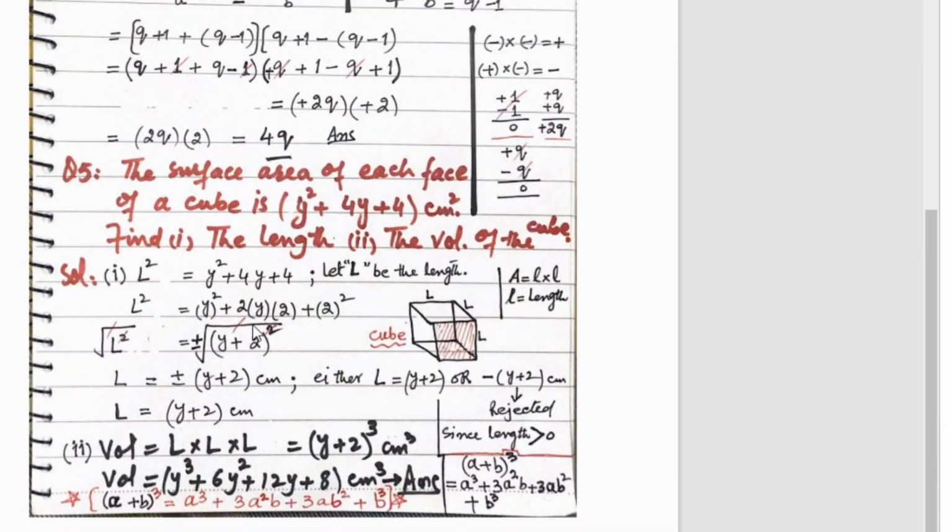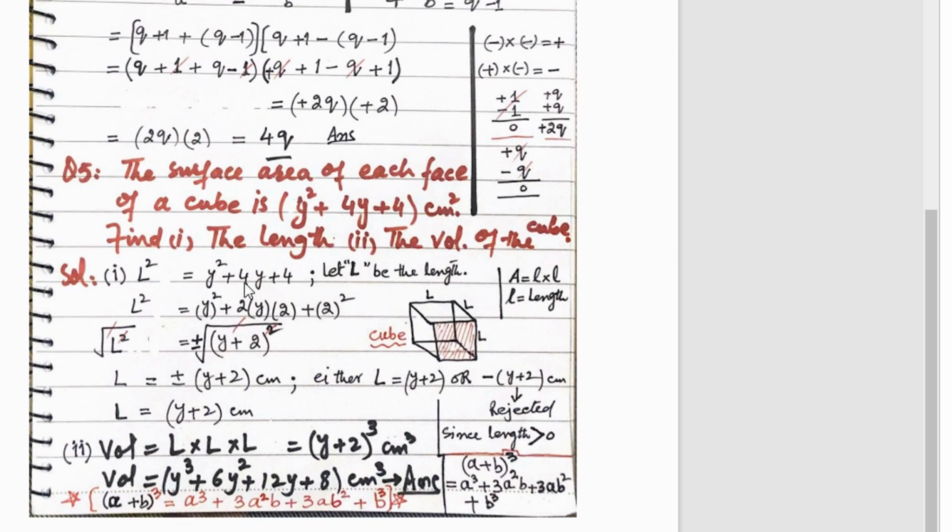Okay. Now only look at y square plus 4y plus 4. Can we write down this as a square? Yes. Y square is y square, and we can convert 4 into 2 square because 4 is the square of 2. And we can write down 4y as 2ab, because our a is y now and b is 2.